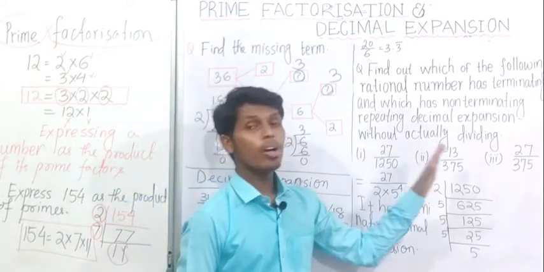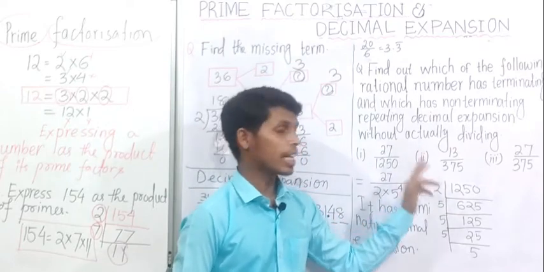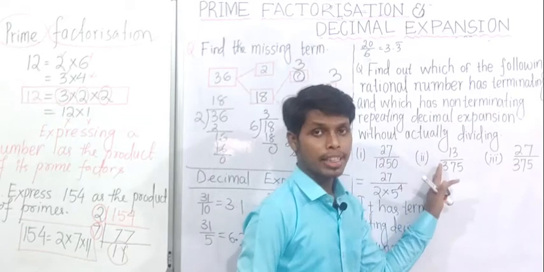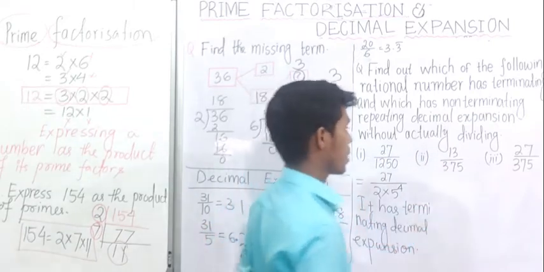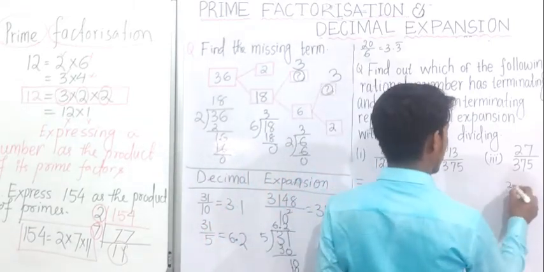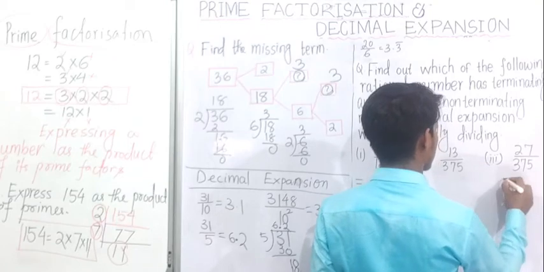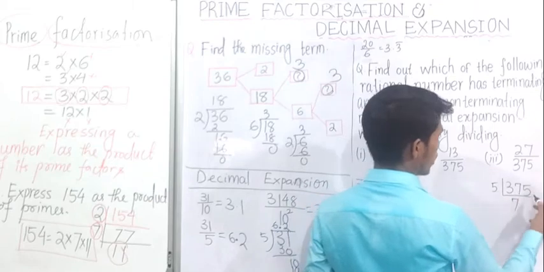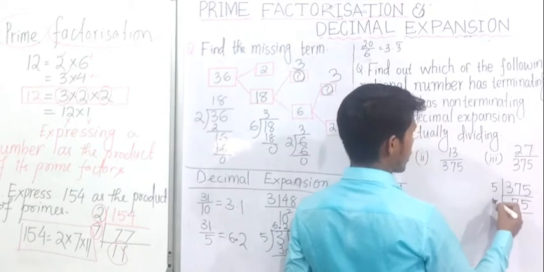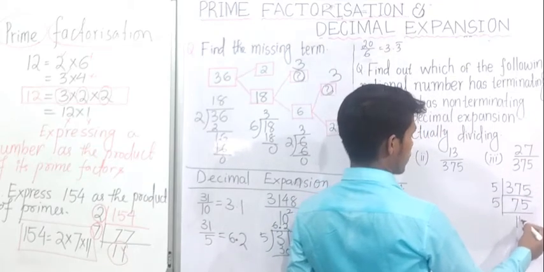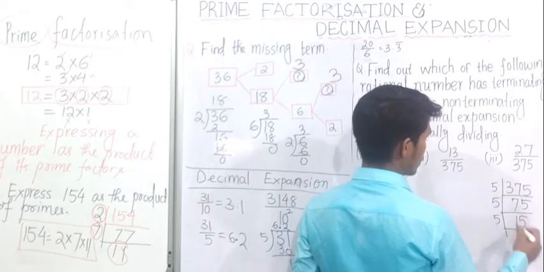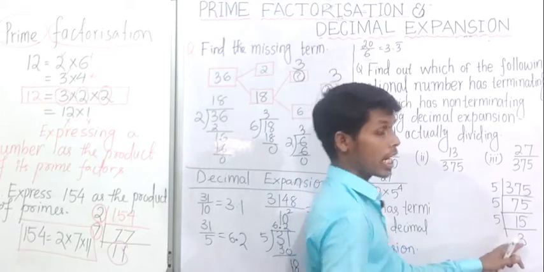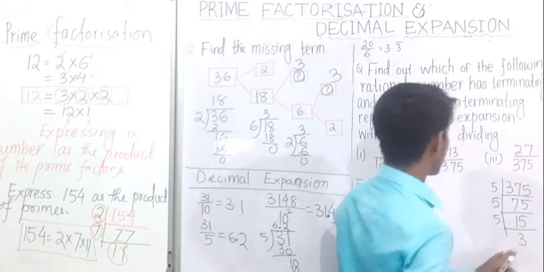Okay, so now let's move to the second one, that is 13 by 375. As I told, at the first step we have to factorize 375. So let's do it. Now 3 is a prime number, so we can't continue this process now.